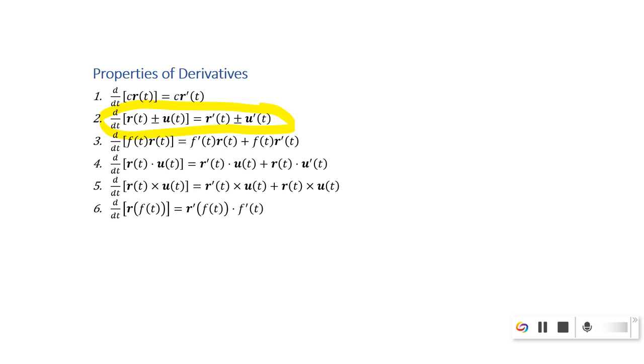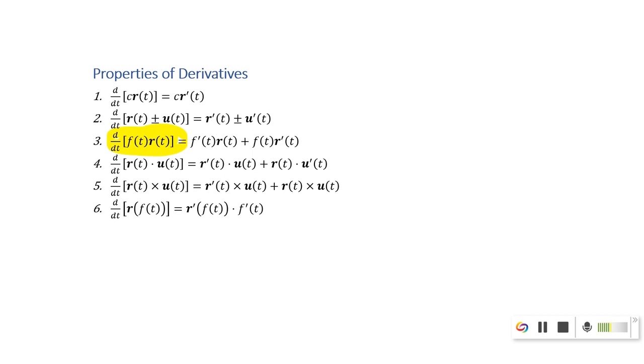And then I've got a handful of product rules. Properties 3, 4, and 5 are all product rules. If we look at number 3 first, you have a function, and notice the f is not in bold, so it's just a function that's not a vector, times a vector function, and you want to take its derivative.